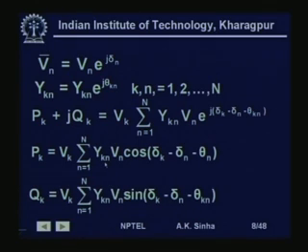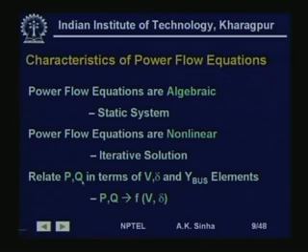So, we can see that the power flow equations relate P and Q, the real and reactive power injection at any bus, to V and delta, that is the voltage magnitude and its phase angle, and the Ybus elements of the system. So, we can write P and Q as functions of V and delta, in terms of course the system admittance matrix elements, which are going to remain constant.